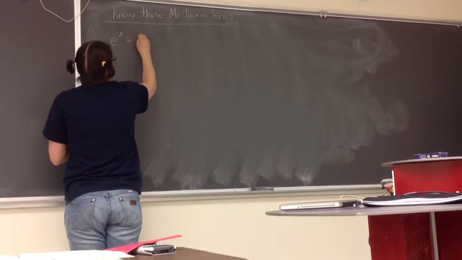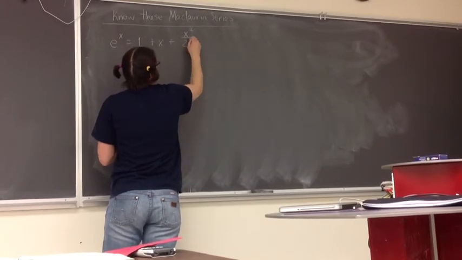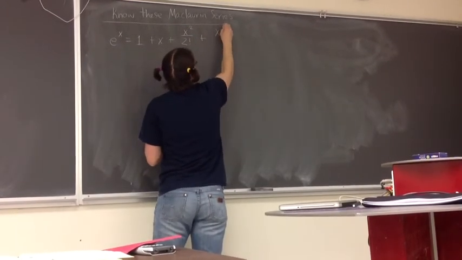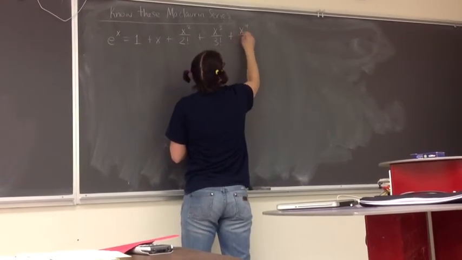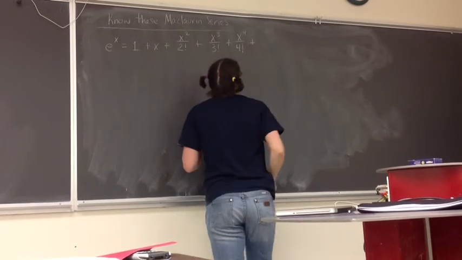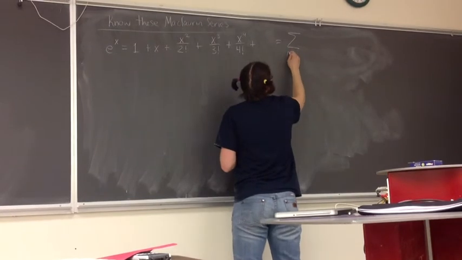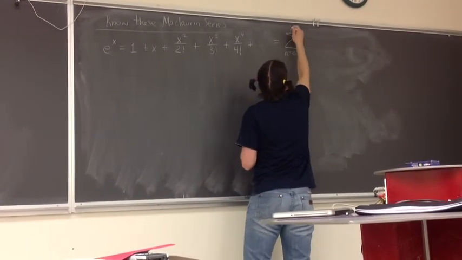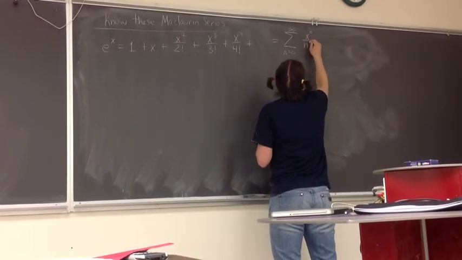Know that e to the x is equal to 1 plus x plus x squared over 2 factorial plus x to the third over 3 factorial plus x to the fourth over 4 factorial plus dot dot dot. And if you prefer the summation notation, this is the sum where n goes from 0 up to infinity of x to the n over n factorial.